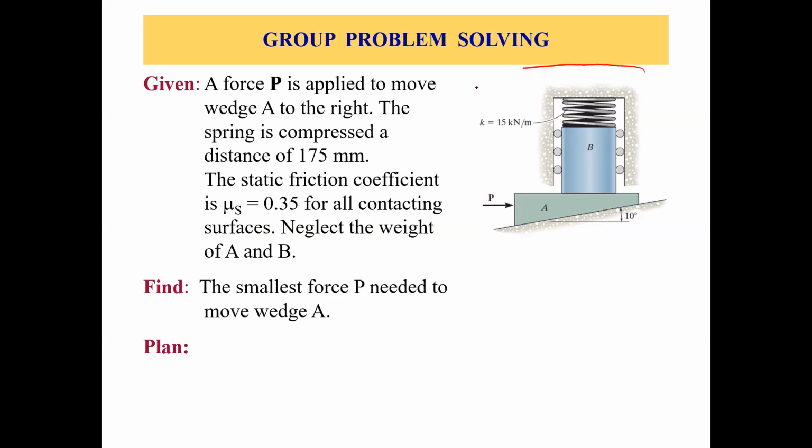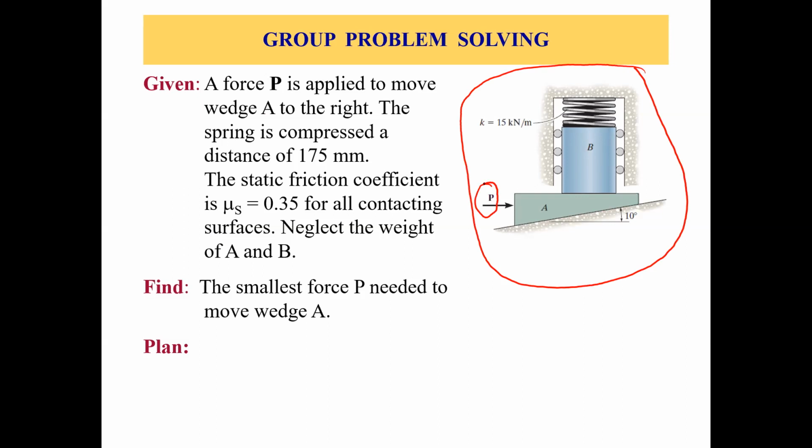Let's have a look here. This is the system given. We have this wedge A at the bottom at an angle of 10 degrees, so the surface is already inclined at 10 degrees. This is the force P, which is applied to wedge A, acting rightwards.